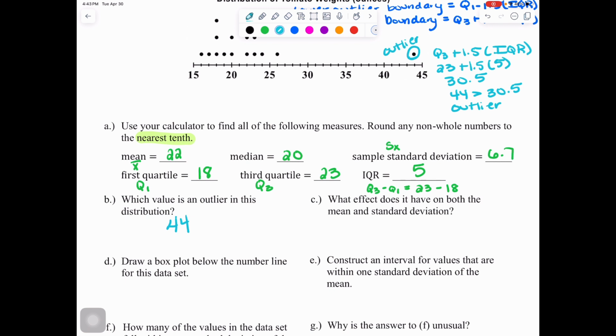There's going to be more variation. So it causes the mean and standard deviation to be higher.